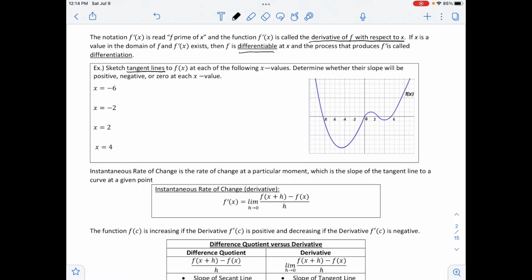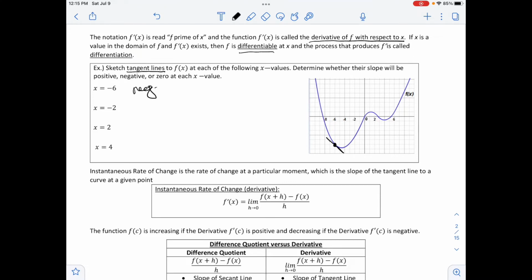At -6, I'll put a point on our graph and draw a tangent line, which just touches at that one point. The slope of that tangent line is negative at x equals -6.